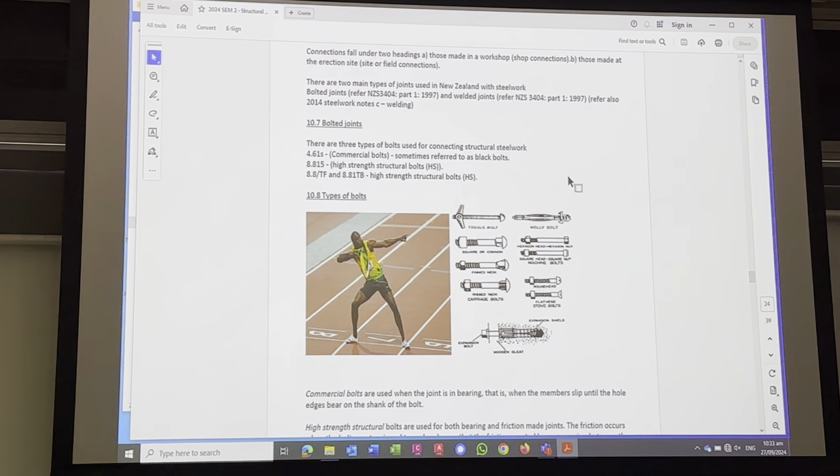With steel, generally we don't use washers. We can, we generally don't. With timber, we tend to use washers so that the nut doesn't keep going into the wood. Sometimes you get joints where you have steel and timber, and it depends what the washer's up against whether you use a washer or not.